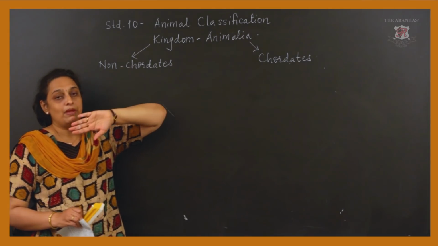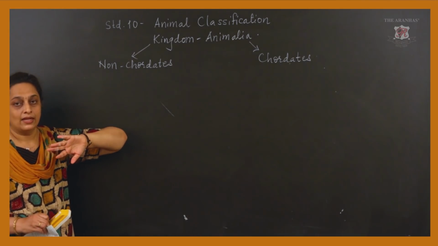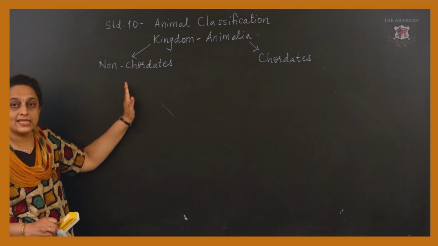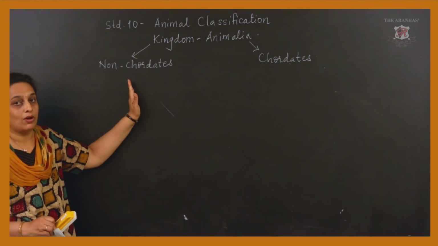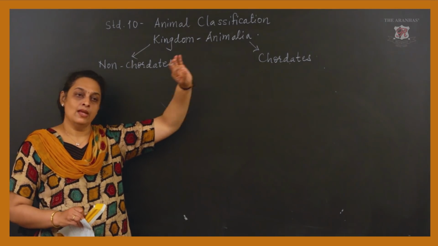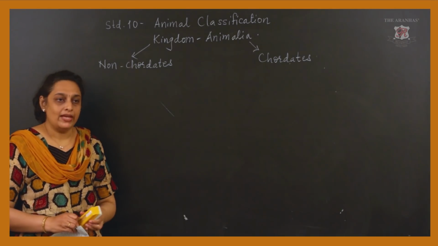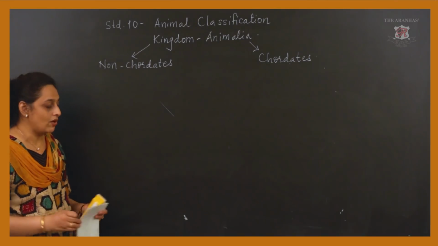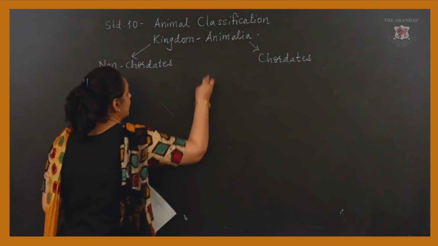Now, there may be a question in your mind, how to decide whether an animal is a non-chordate or a chordate. So, let us see some of the important characteristics of chordates and non-chordates.